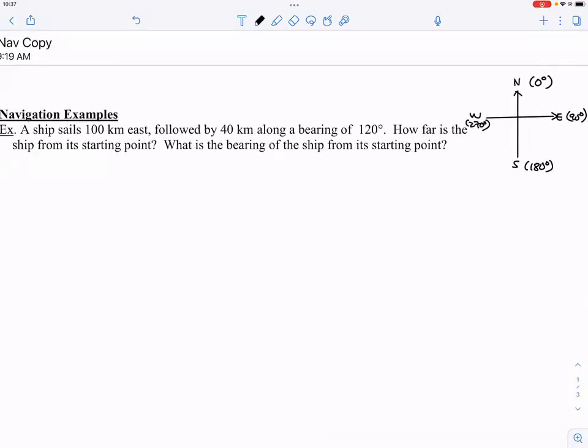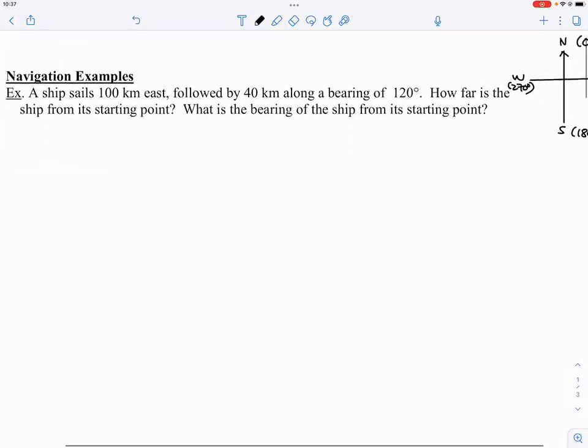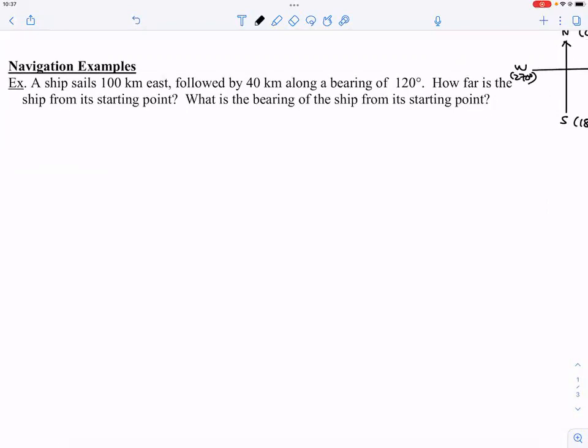Now we have 3 examples to go through today. It's very straightforward. It's very easy. Okay, so we have a ship that sails 100 kilometers east. So let's just say we put a dot right here. It sails 100 kilometers east. Now, when we do this kind of drawing, when you draw the arrows, keep the relativity.